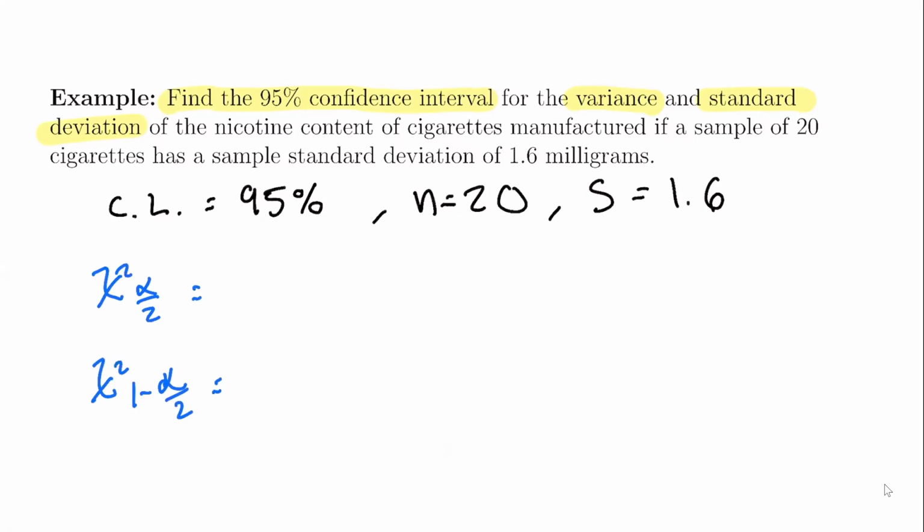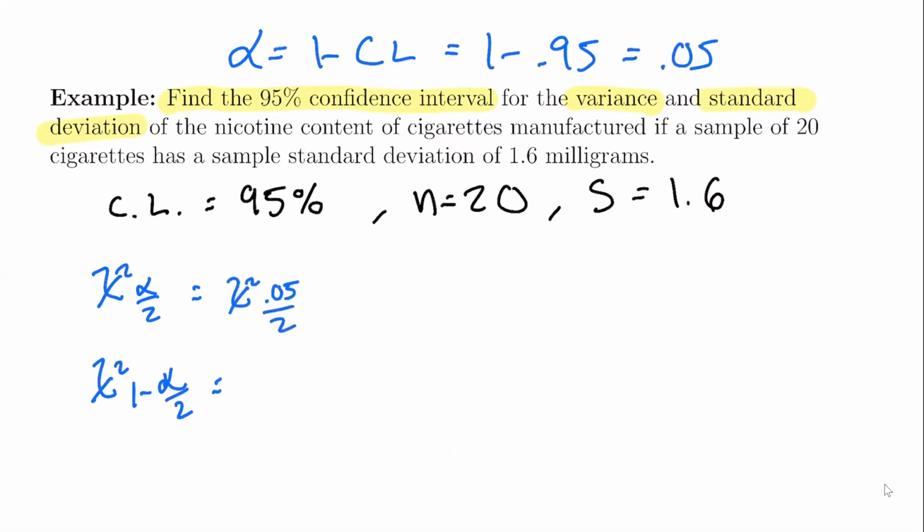Remember, to find alpha, you do 1 minus confidence level, which is 1 minus 0.95, which is 0.05. So that means we're going to do chi-square of 0.05 divided by 2, and then you do chi-square of 0.025. Any question how I got chi-square of 0.025?